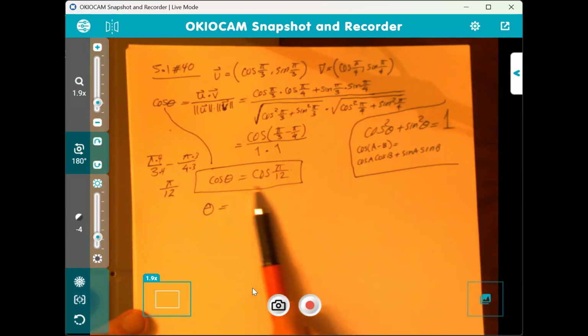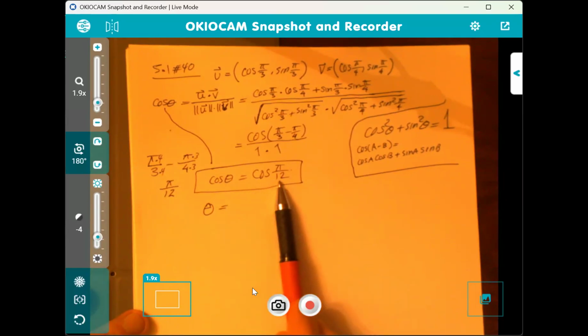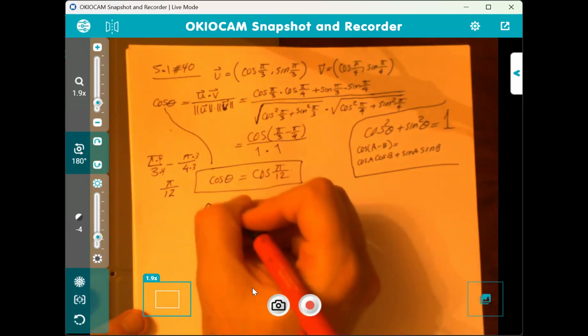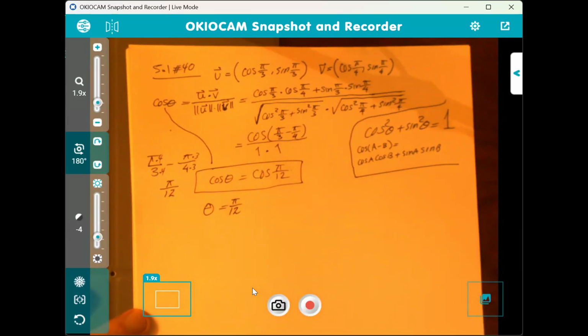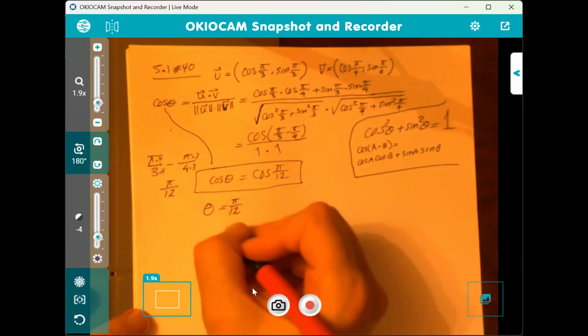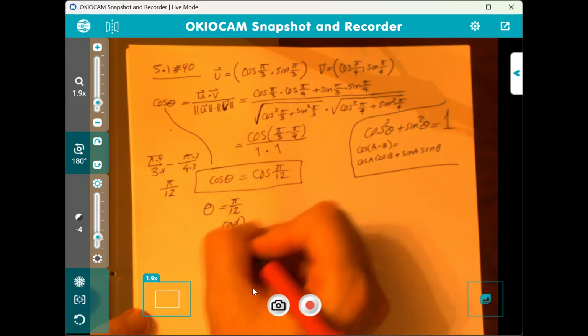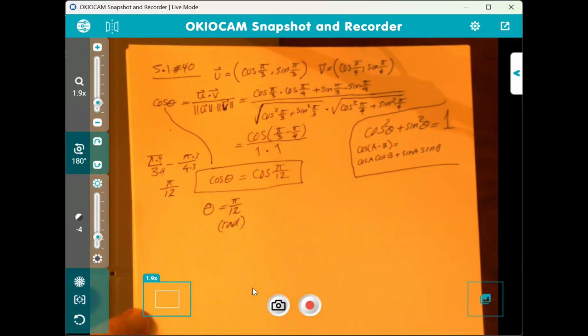Theta must be pi over 12, doesn't it? You see that? So that is the exact value, folks, without a calculator. How about that? The measure of the angle is pi over 12. Of course, this measure is in radians, right? How would I convert it to a degree if I'm interested in degree measure?